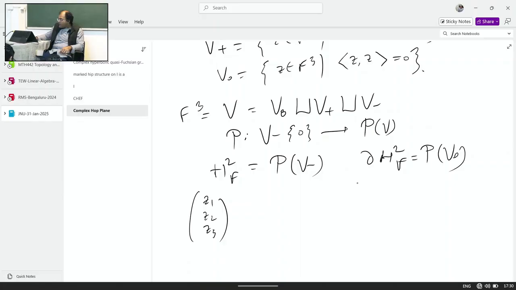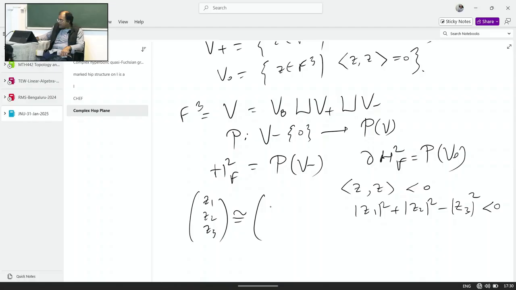Now, because of this condition that ZZ is less than 0, you have mod Z1 square plus mod Z2 square minus mod Z3 square less than 0. So Z3 cannot be 0. It is always non-zero, so you can scale and take this representative of the same vector.